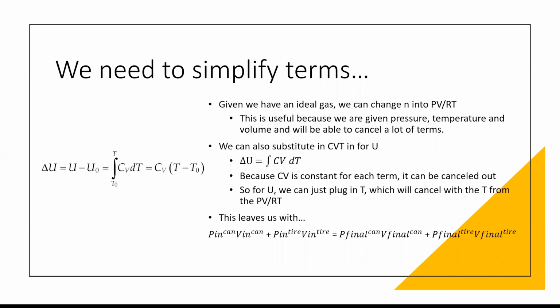So for U, we'll just plug in T, and this T will cancel out with the PV over RT from above. So this will leave us with the pressure and the volume initial in the can plus the pressure and volume initial in the tire will equal the pressure and the volume final in the can plus the pressure and the volume final in the tire.